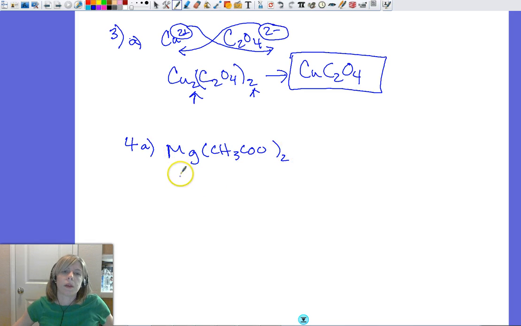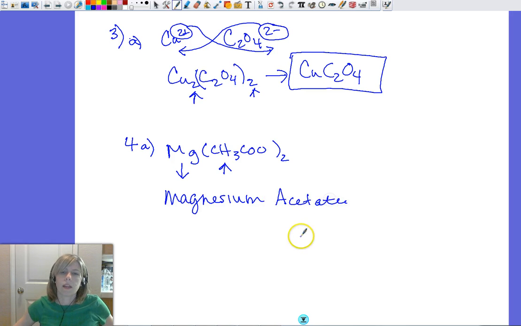So if we look up, Mg is magnesium. And then we can look up this ion on the sheet, and it's called acetate. And that is our answer. So you're just finding the parts. And if we divide this, this is the positive ion, and that's the negative ion.